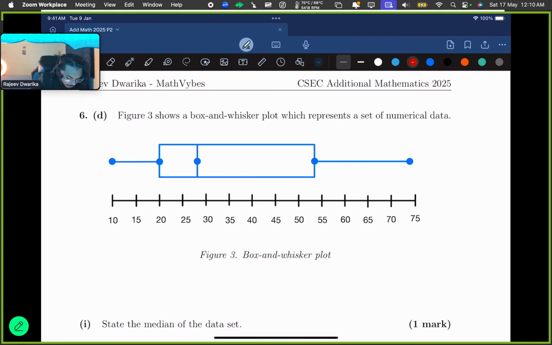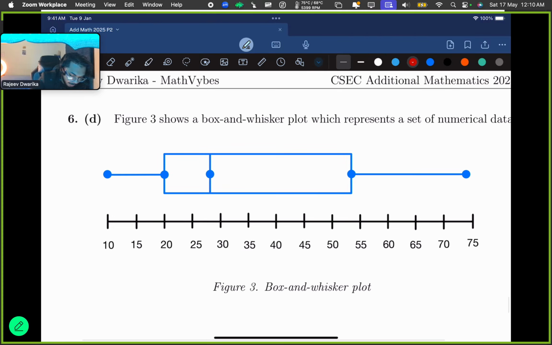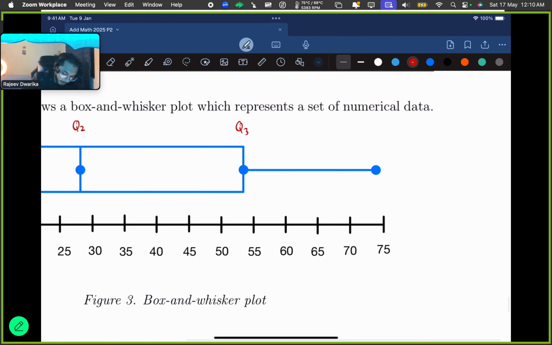But I will show you how we're going to do that. So we want to find the median. Anytime you have a box and whisker, this is Q1, this is Q2, and this is Q3. This is your lowest observation, and the highest observation is on the opposite end.